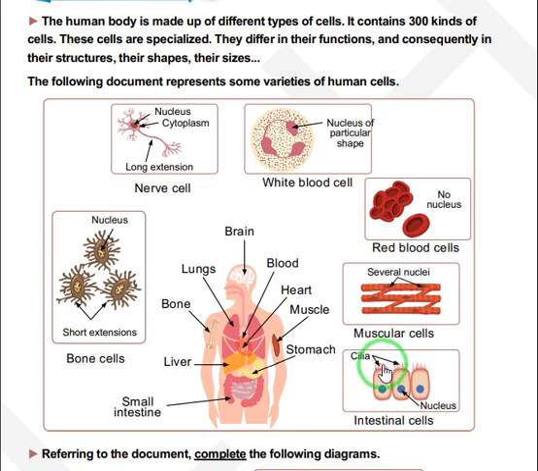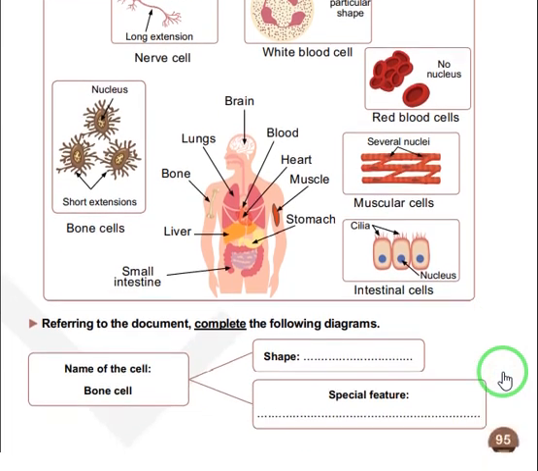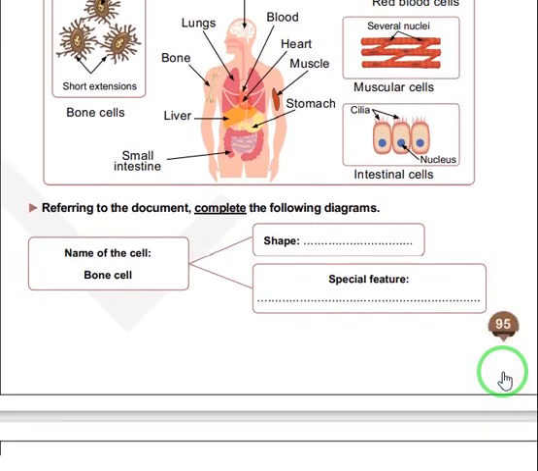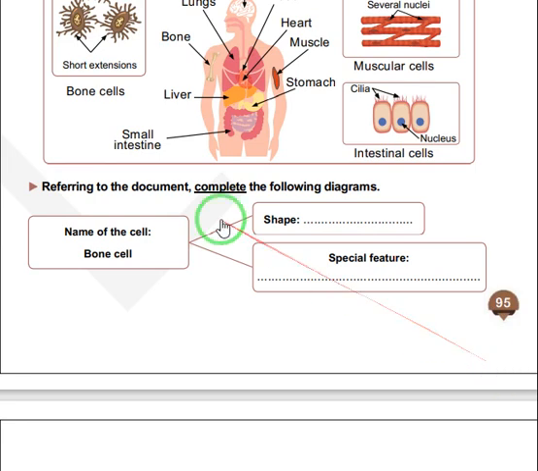So also cilia here, look at their shape, they are like small hairs. The last one here is the bone cell, and the bones in our body support and give the body its shape.